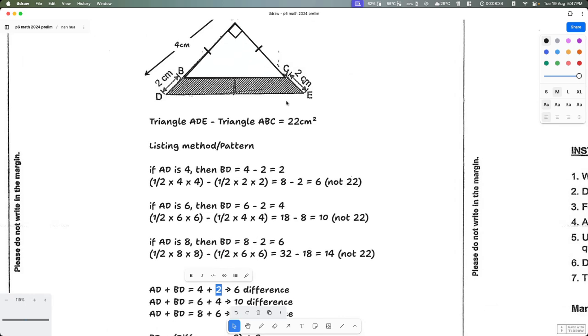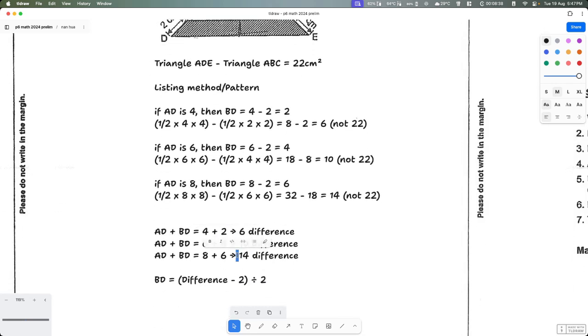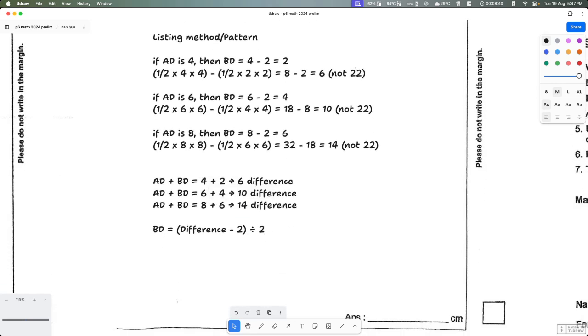If you want the area over here to be 22, if the difference is to be 22, that means BD is equal to 22 minus 2, divided by 2, which is 22 minus 2 is 20, divided by 2, that means it's 10.